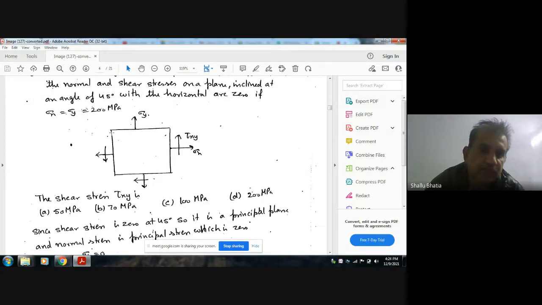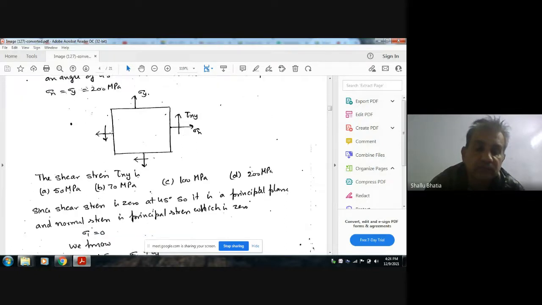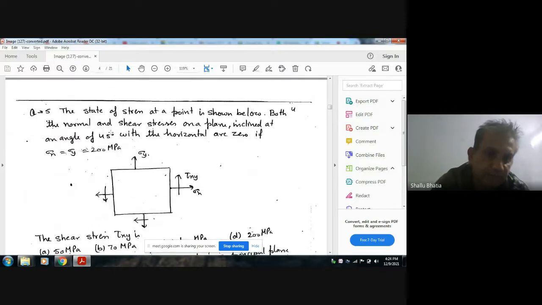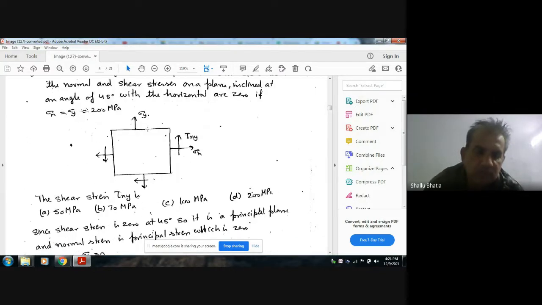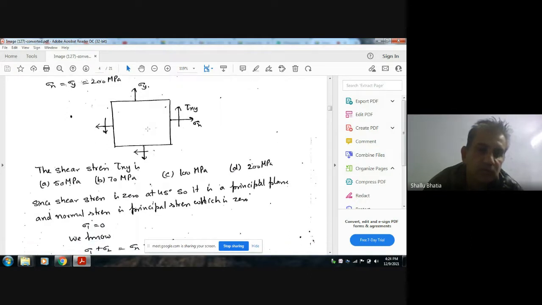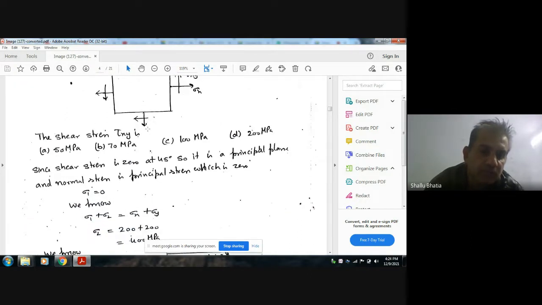We know the sum of the normal stresses on perpendicular planes is equal to the sum of principal stresses. At a plane at 45 degrees to these planes, there is no shear stress, so it is a principal plane, and there is no normal stress also. So it means one of the principal stresses is zero.